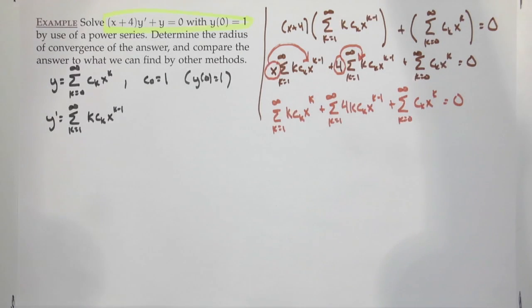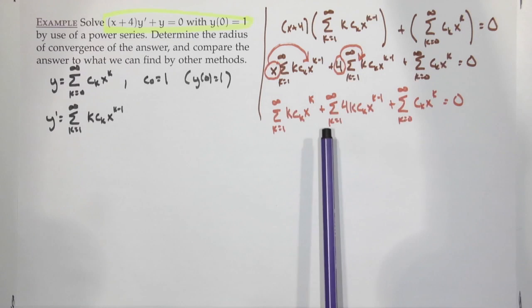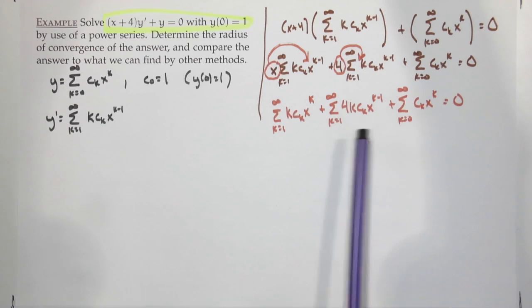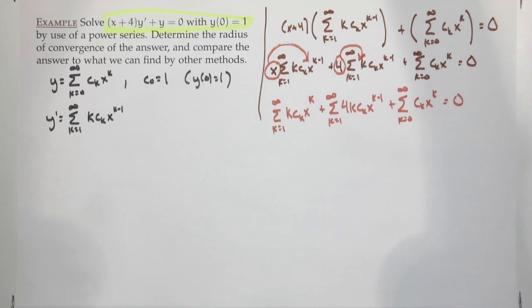All right, are we ready to mush these all into one sum? No. What's the problem? Powers don't line up. It's also true that stars don't line up, but powers come first. Powers are the most important thing because we are working towards grouping the coefficients. So we want to make sure the powers align.